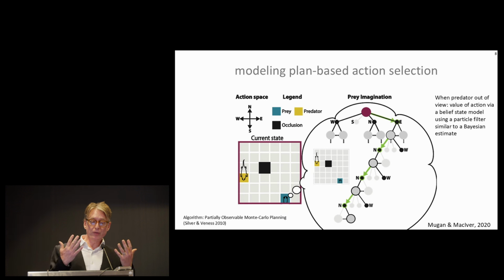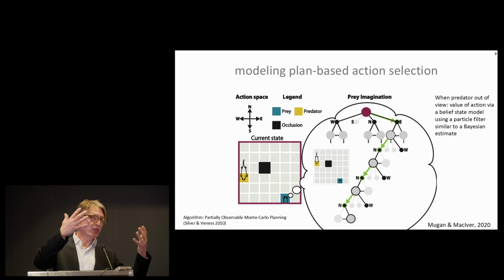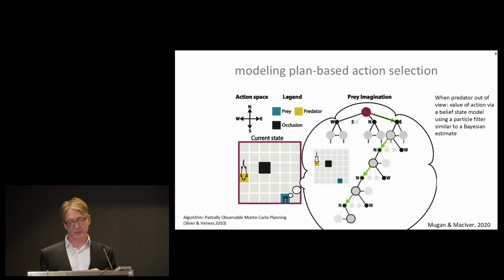And you have to deal with the fact that in some cases, the prey will lose sight of the predator. So what do you do then? There's a particular framework, either using Bayesian filters or something called a particle filter. We use a particle filter to model the belief state of the prey agent when it can't see the predator.